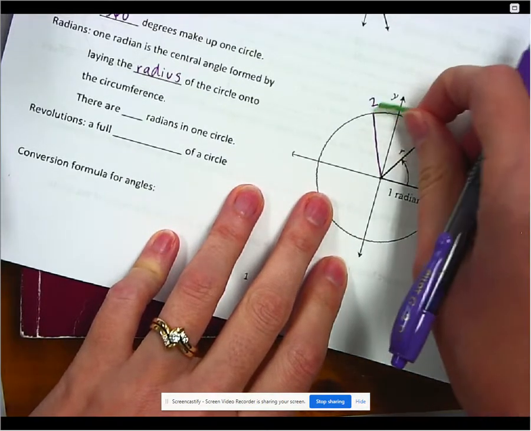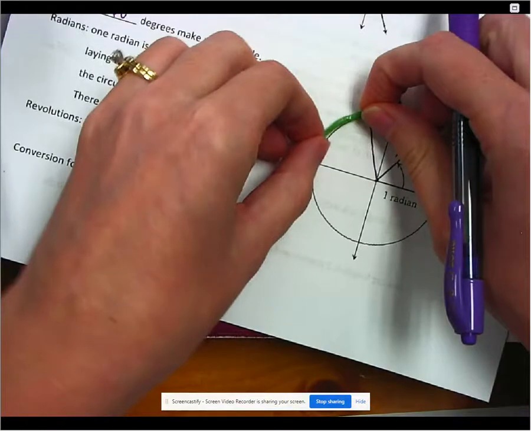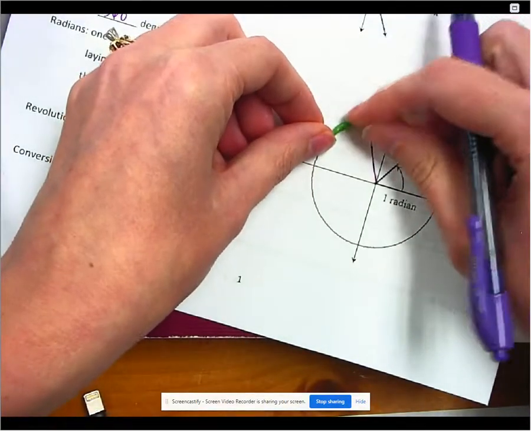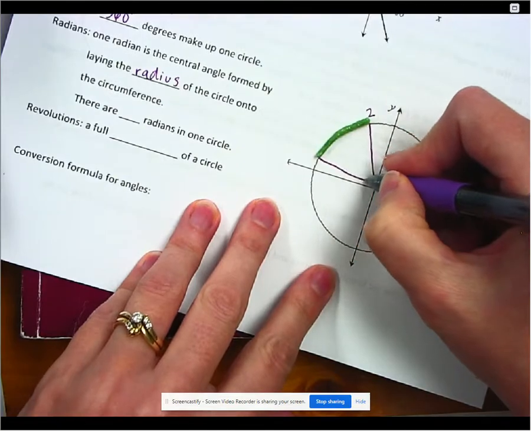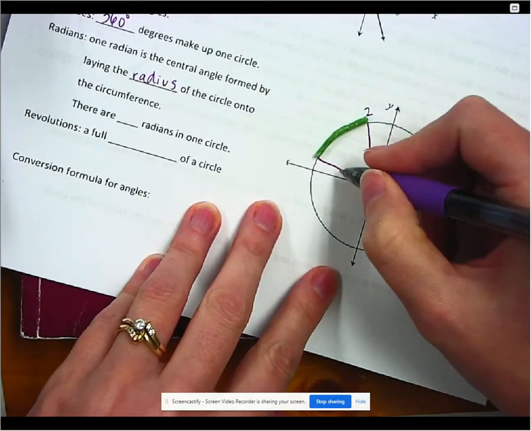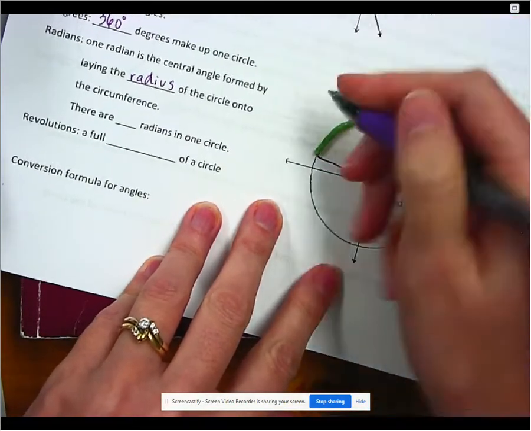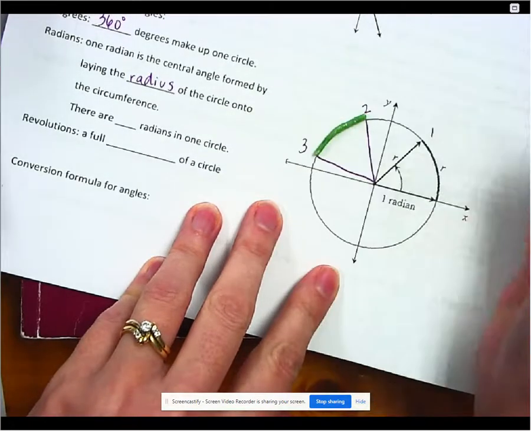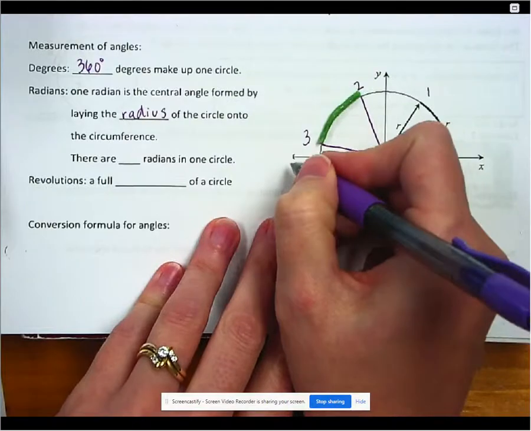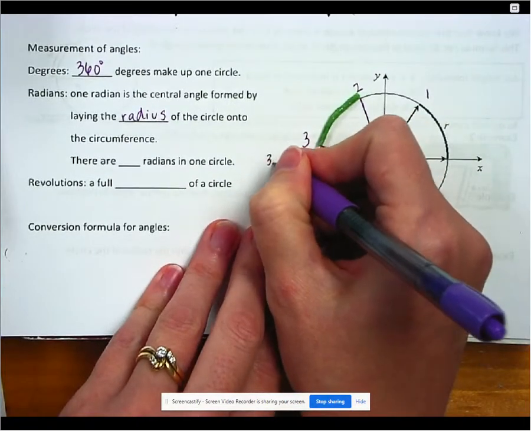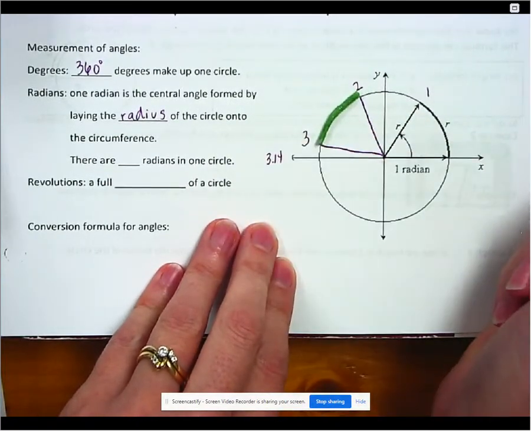All right, and then we'll keep going. That angle formed from the positive x-axis to that terminal side is 3 radians. Okay, and then here on the other side of the x-axis is 3.14 radians.